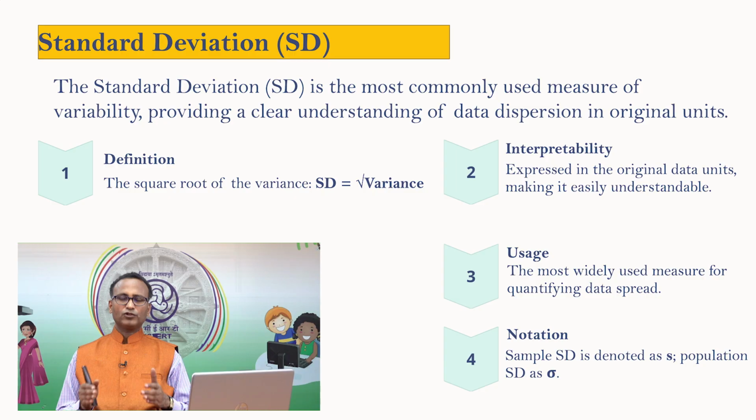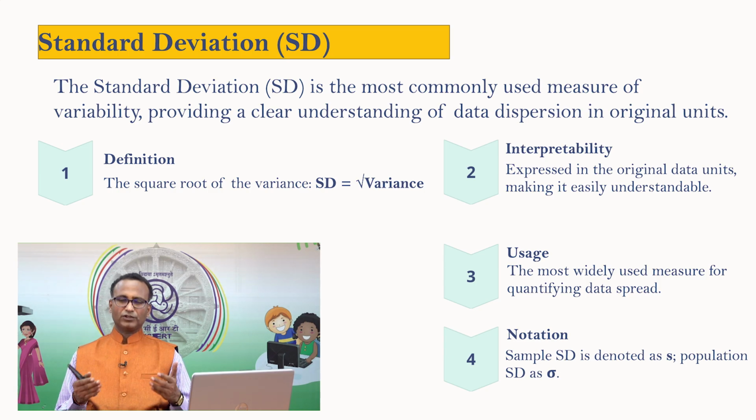And we can also have the standard deviation as a measure of variability. One of the most robust and standard measures of variability is the standard deviation. Therefore, it is used for all higher order statistics.